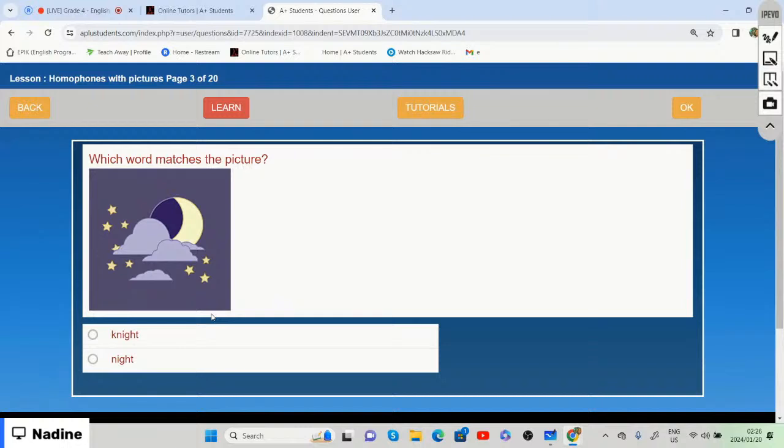Are we choosing the first option with a K or the second one? And if we're going to choose the correct one, we're going to go with the second one, which is night. So which word matches the picture? Knight with the K. Oh, we already said night. We just have to choose.